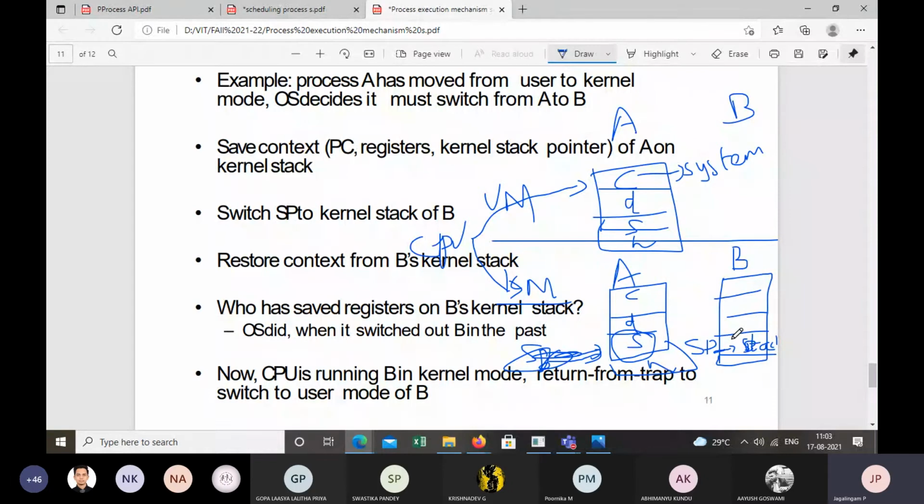So in which line it stopped the execution last, that PC value will be stored in the kernel stack of process B. Now SP is pointing to that, therefore the CPU will move to the user mode of process B and will continue the execution of code where it was stopped in the past.